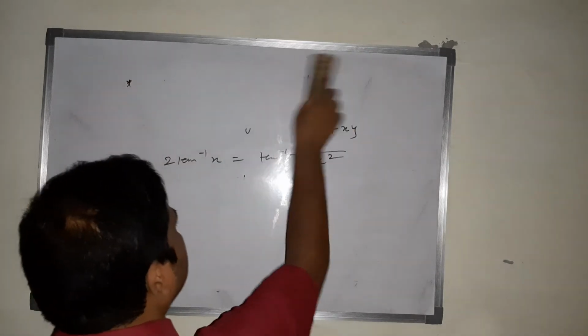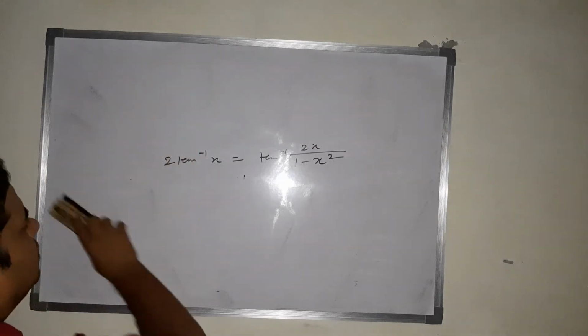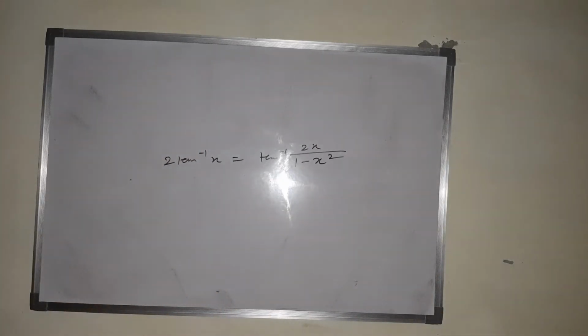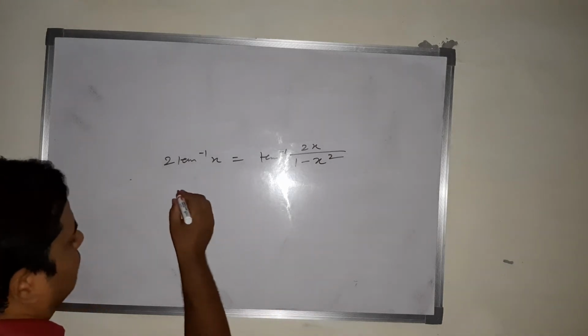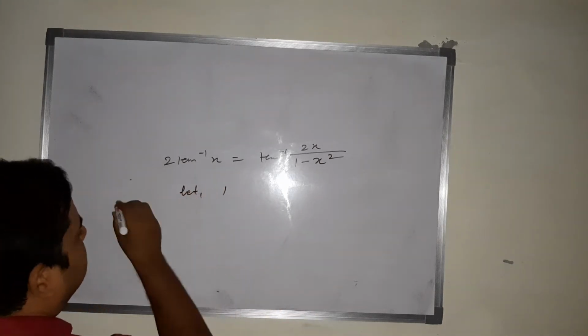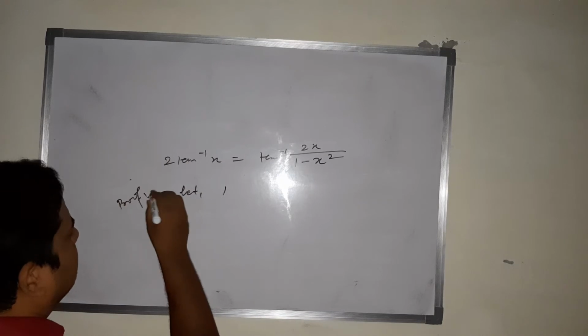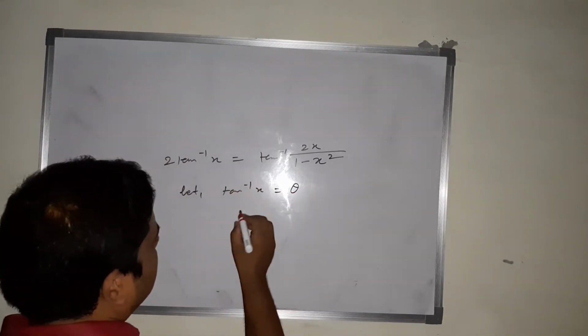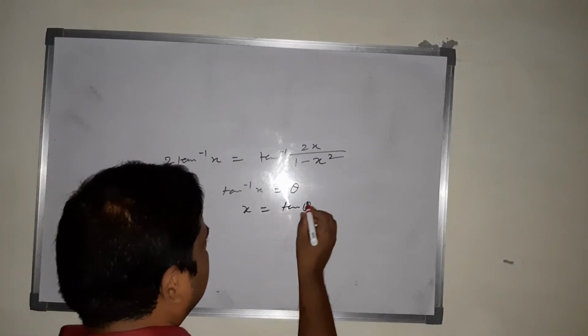2 tan inverse x is equal to tan inverse of 2x upon 1 minus x square. So let tan inverse x be equal to theta. So x is equal to tan theta.